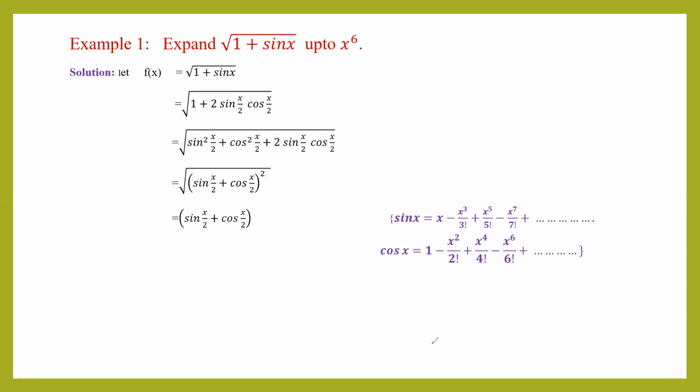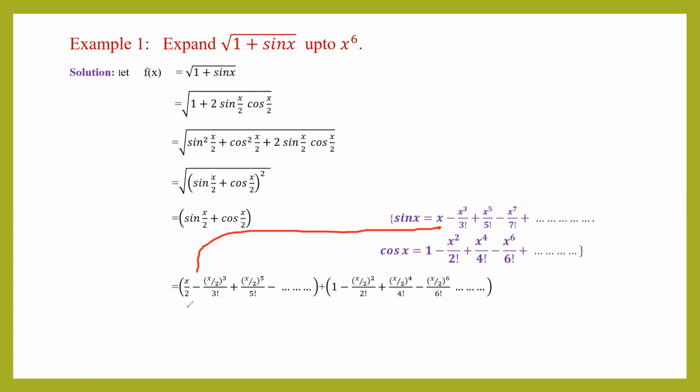So the expansion of this sine x by 2 is, in place of x, write x by 2. So this is x by 2, x upon 2 cube, x upon 2 raised to 5, x upon 2 raised to 7 and so on.